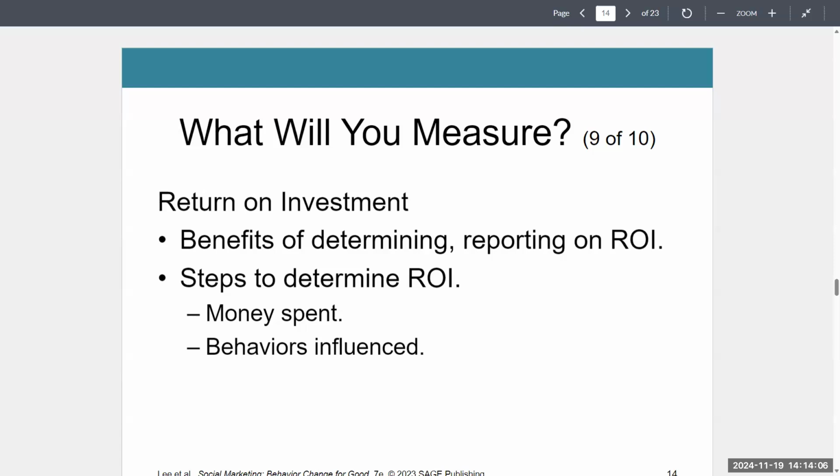Well, if the insurance pays for the food, then maybe they will not visit the doctor as much, and you can compare the two. Are the people who are receiving the food visiting the doctor less because they're eating healthier and because the food is delivered to their house, or is there something else that's going on? Make sense? Yeah, and so that's how you would measure the return on the investment.